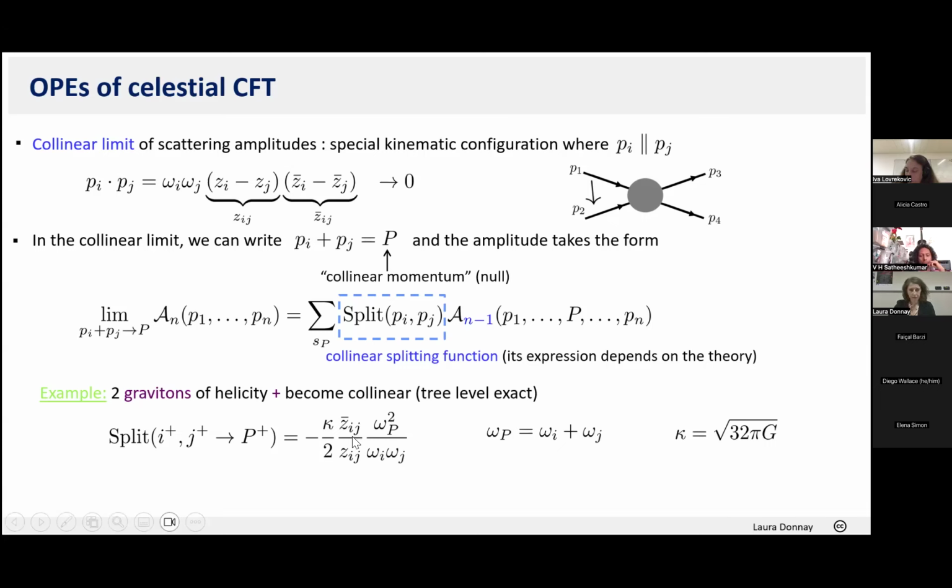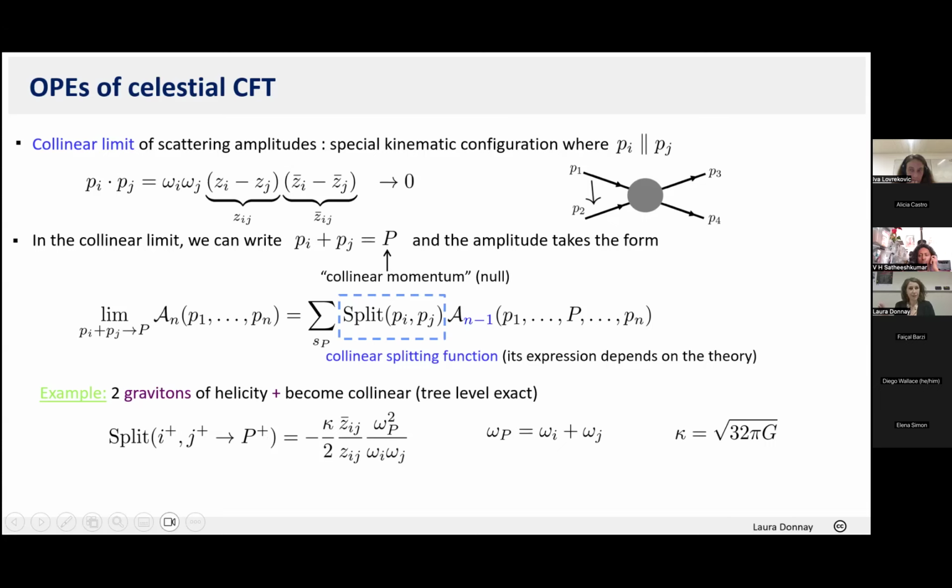Again, this is a very amplitude-specific result, so I'm not going to derive it. The particle I, which has helicity plus, and the particle J, which has helicity plus and represent a graviton in my example, become collinear with the particle P, the collinear momentum, which has to be of helicity plus.